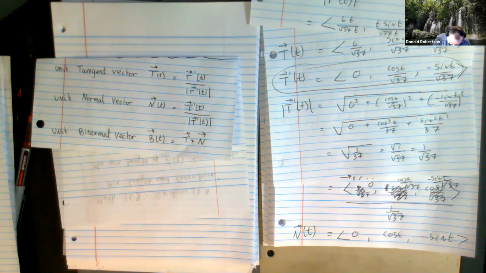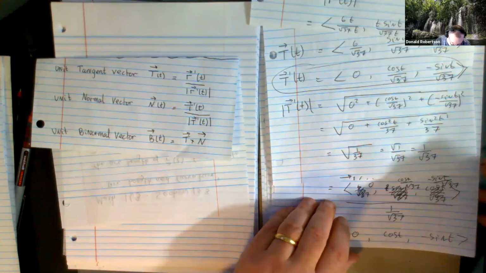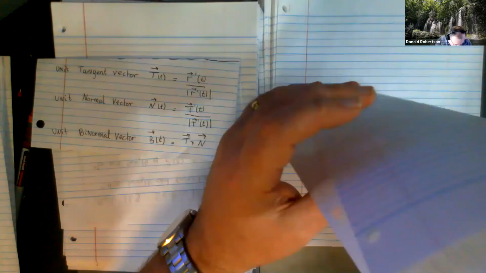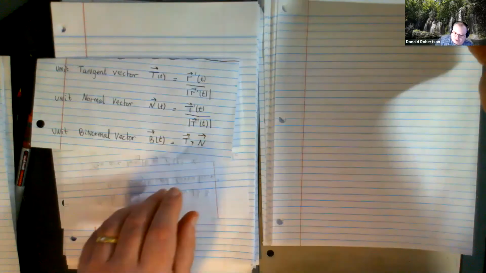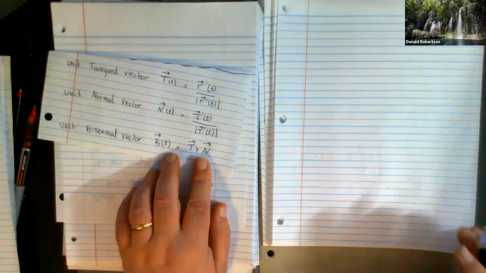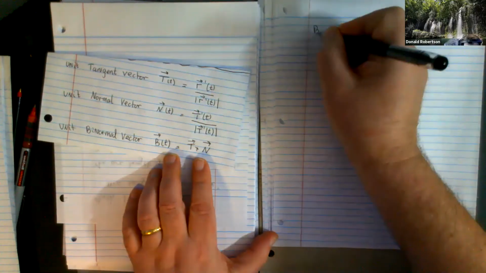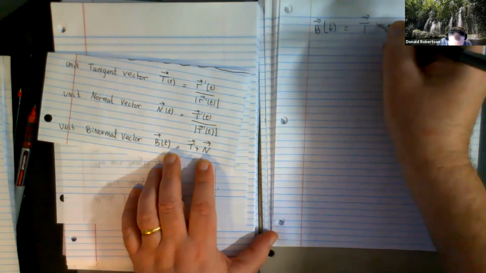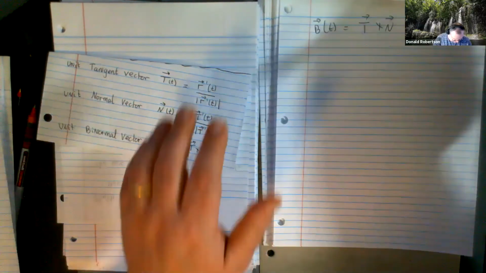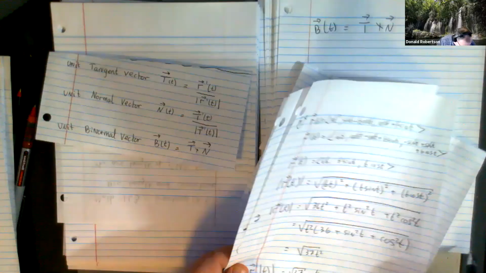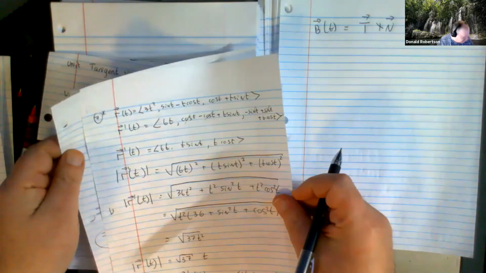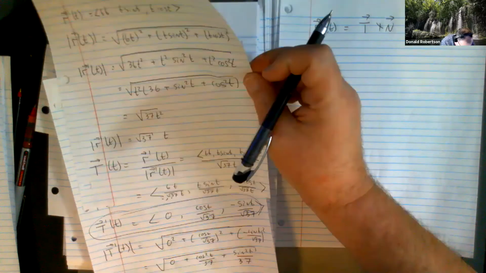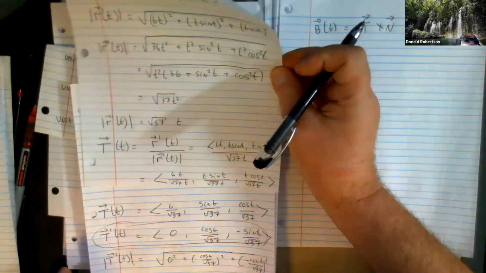Now, you don't get it in this question, but the two questions at the end do ask for the unit binormal. So let's pretend that this question wanted the unit binormal. Then what you would have to do is take your answer to the unit tangent question, which is this guy.